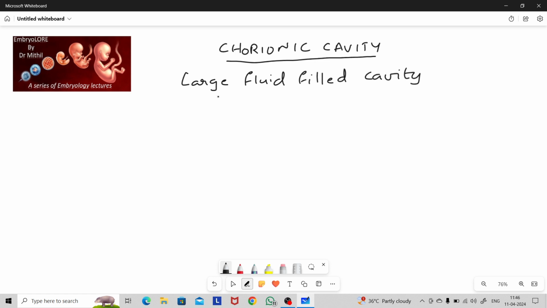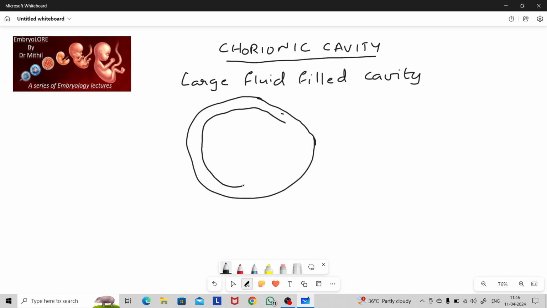So now let us try to understand by drawing the diagram. Here this is the outer layer completely, in which there is the gestational sac.